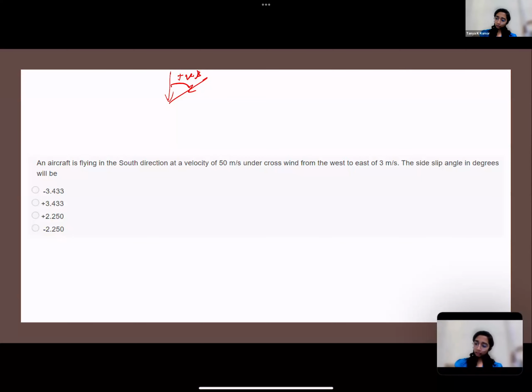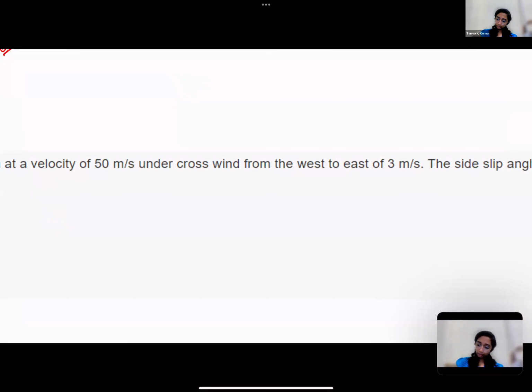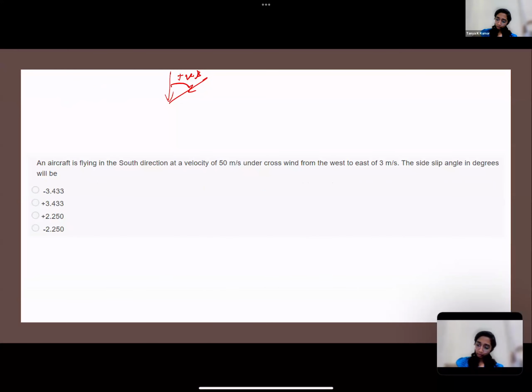Yeah. So if I draw the wind, the wind direction is from south to north. So this is south, this is north. Okay. So then this would be west, this would be east. Is this clear? So it says it's flying south at a velocity of 50 meter per second.